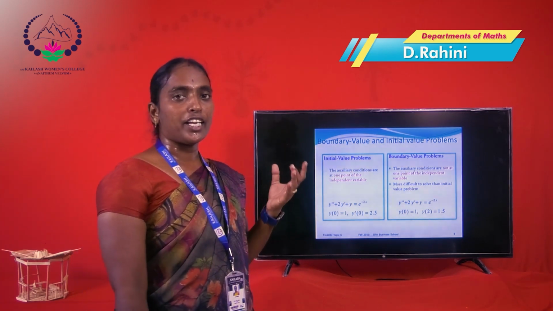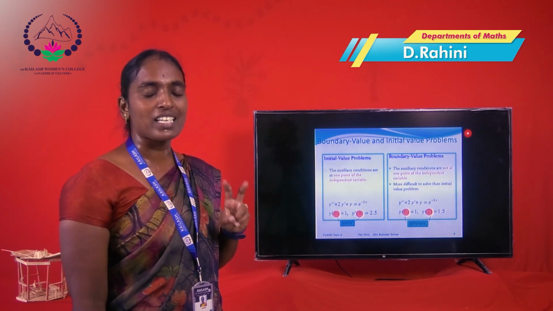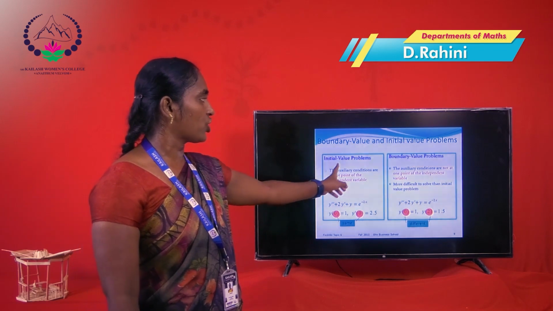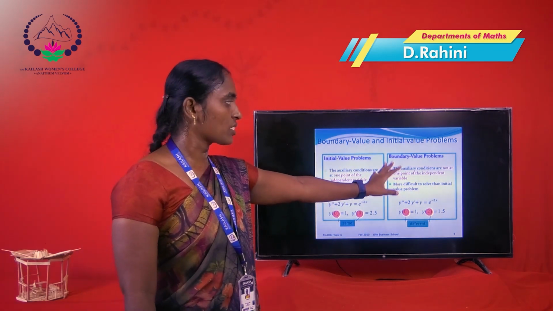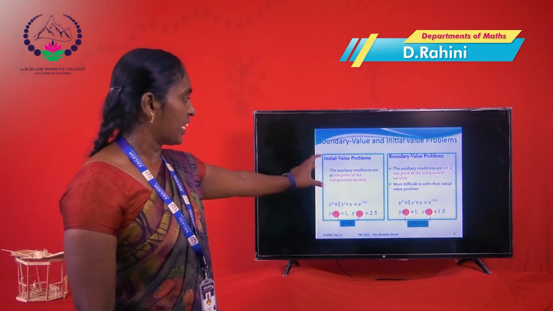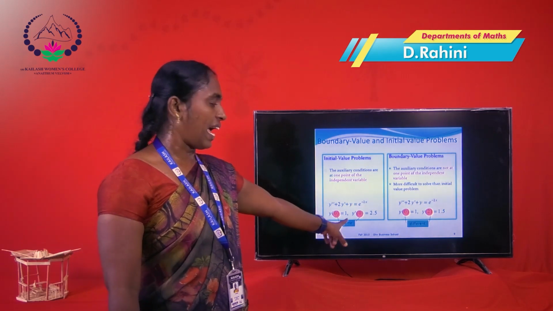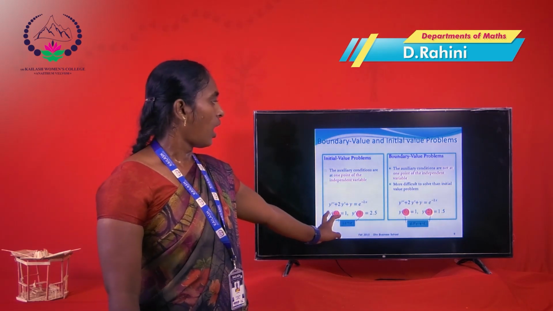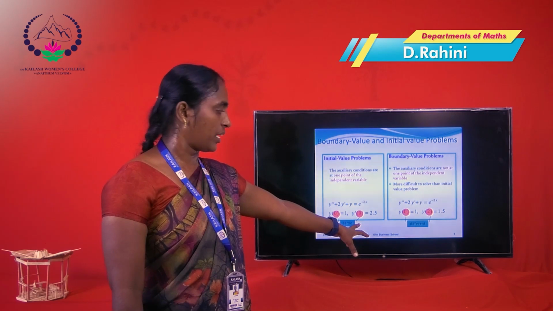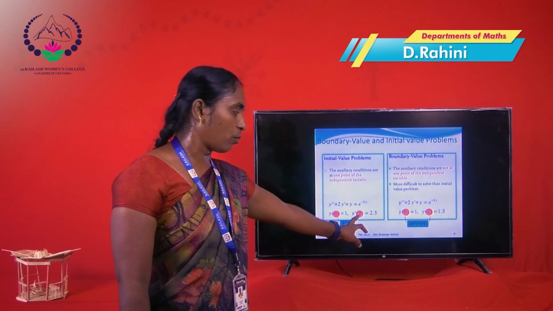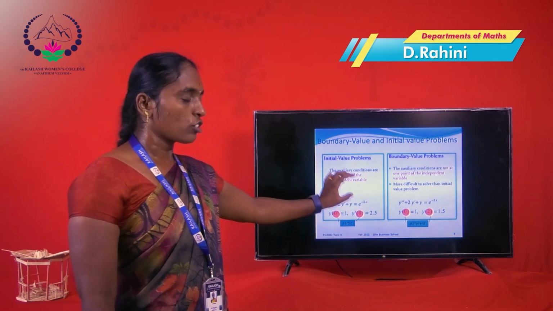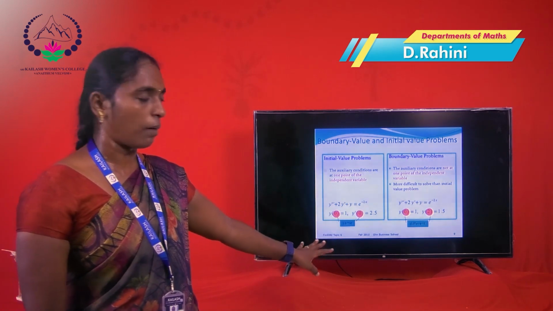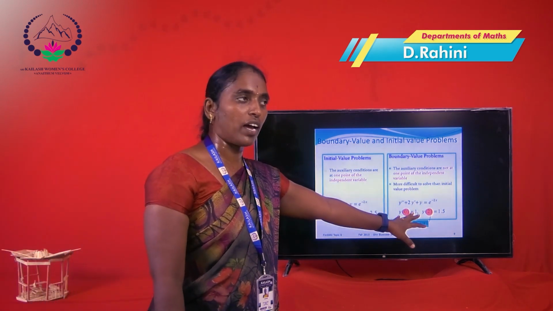Next, already at the start I told you the boundary value problem has two types. One is the initial value problem, another one is the boundary value problem. In the initial value problem, the auxiliary conditions are at one point of the independent variable. So this is called the initial value problem. The second one is the boundary value problem.